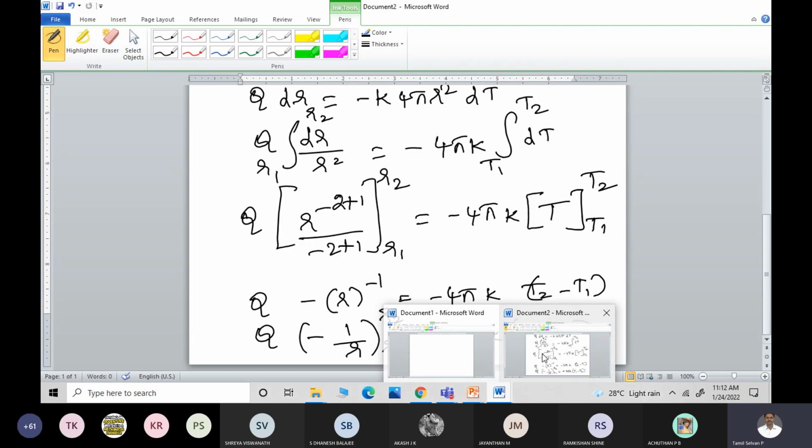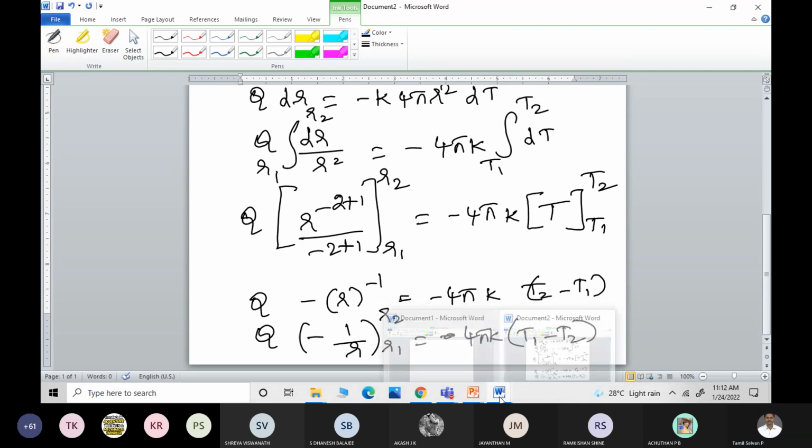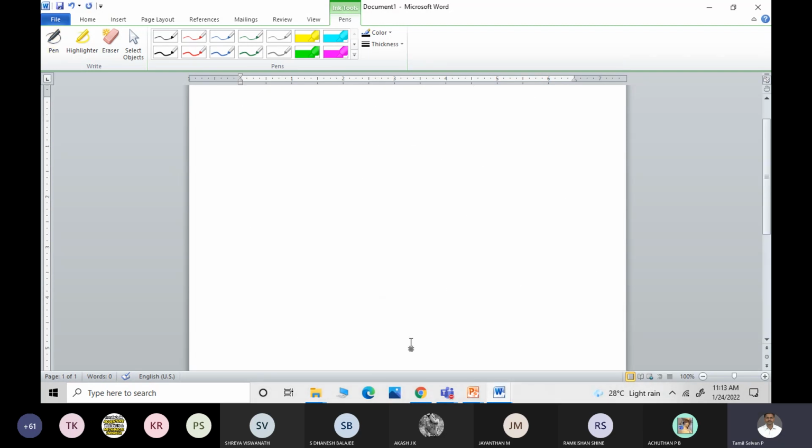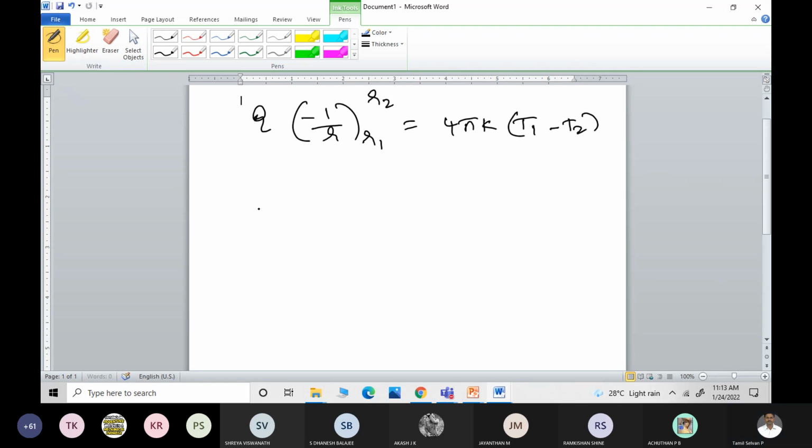let me rewrite it again. Q into minus 1 by r, with r1, r2 as the upper and lower limits, equals 4 pi k into T1 minus T2. Am I correct, students?